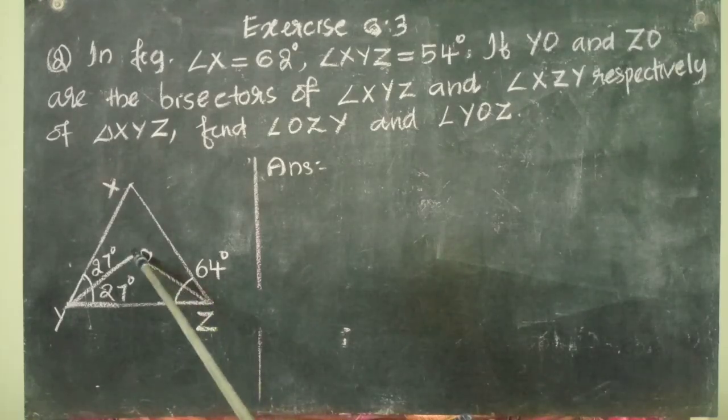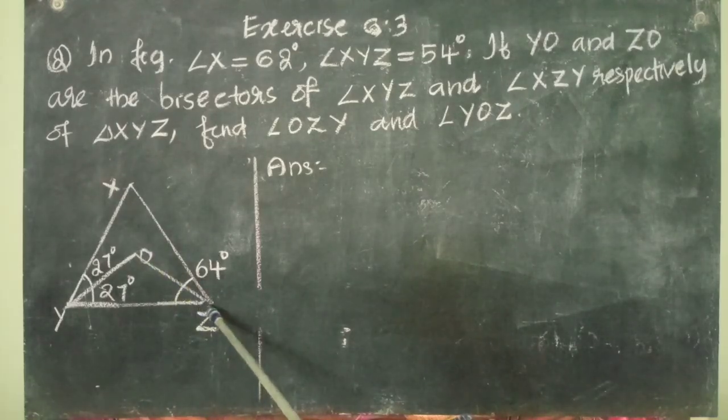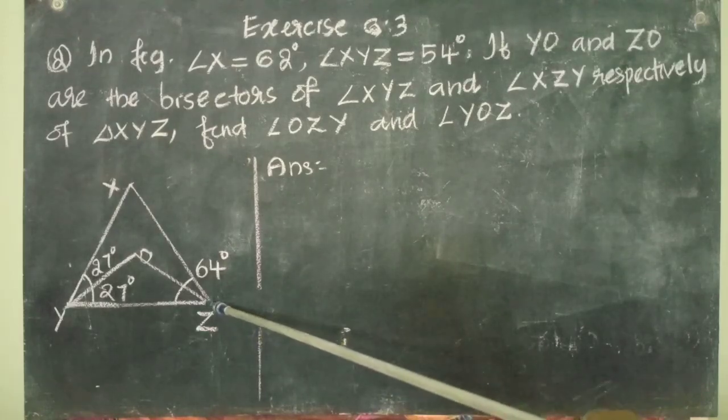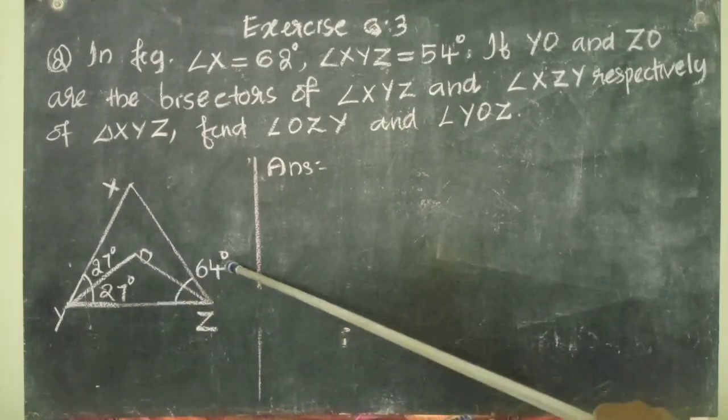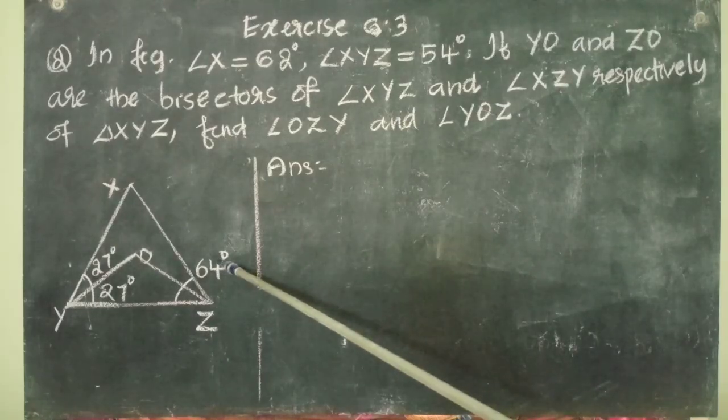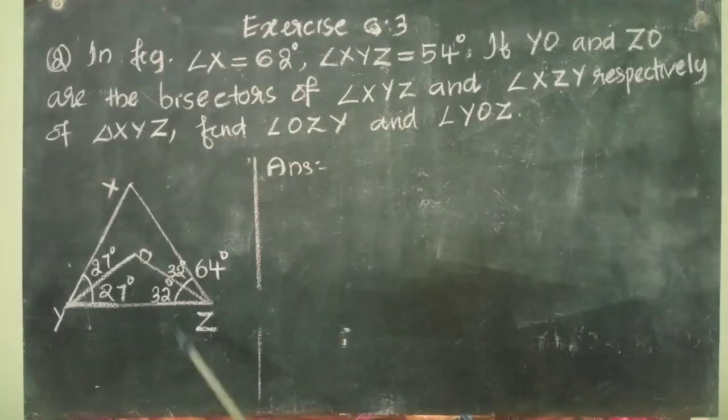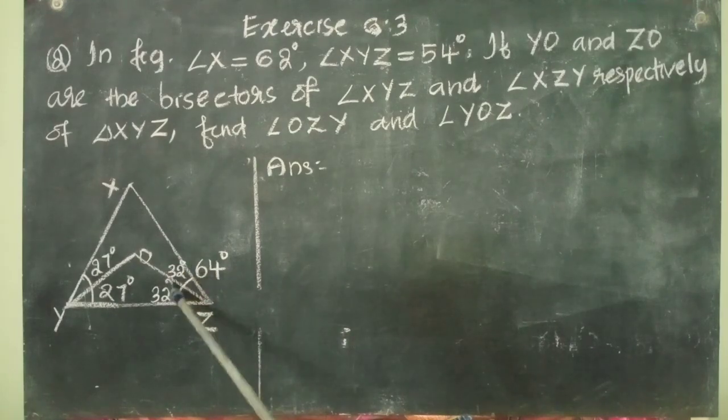Same way, ZO is the bisector of this angle Z. So each part will be half of this 64, that is equal to 32 degree. So we can mark each part 32 degree.